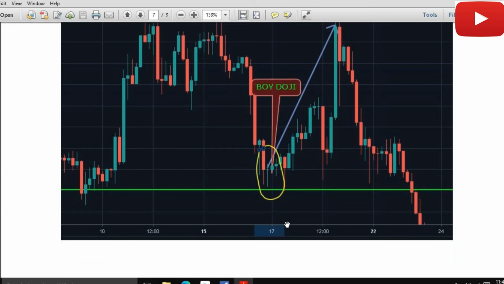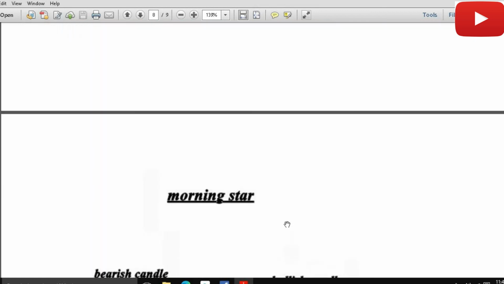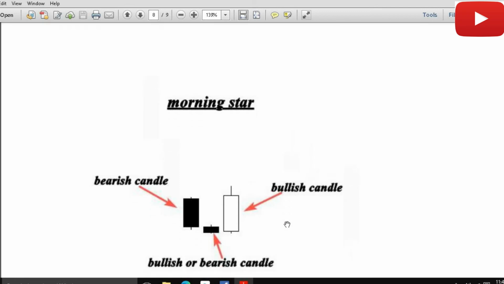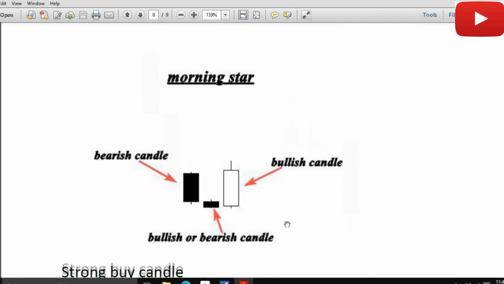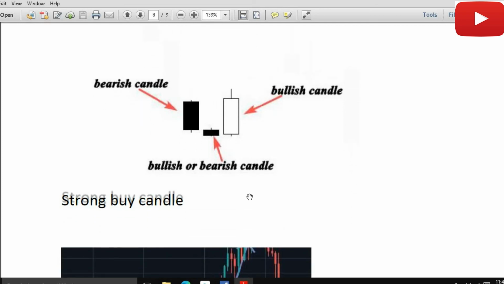Right, so let's continue. Then we have another candle called the morning star. The morning star has 3 candles. You get 1 candle, 2nd candle, 3rd candle.